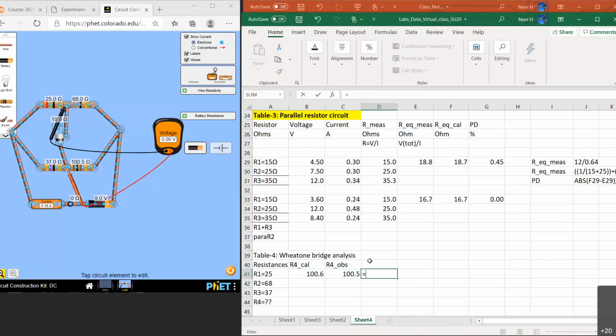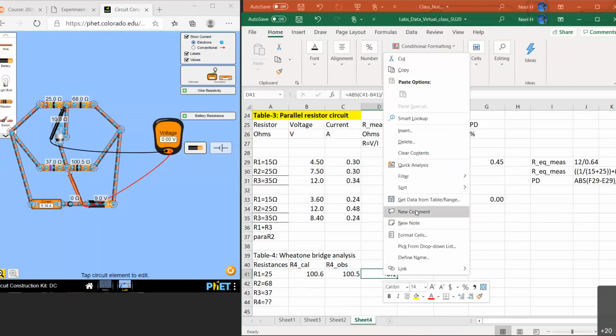The same way, equal sign, ABS, parentheses, difference between these two, and divide by the average between these two. 2 parentheses, adding these two together, divide by 2, close that parentheses, multiply by 100.